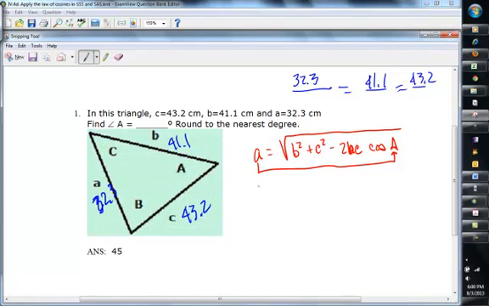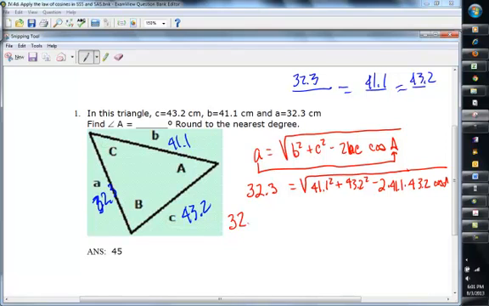So, we know that A is 32.3, so that is the square root of 41.1 squared plus 43.2 squared minus 2 times 41.1 times 43.2 times the cosine of A. So when you square both sides, you get 32.3 squared, and then move this to the other side, subtract 41.1 squared, and move this to the other side, subtract 43.2 squared.